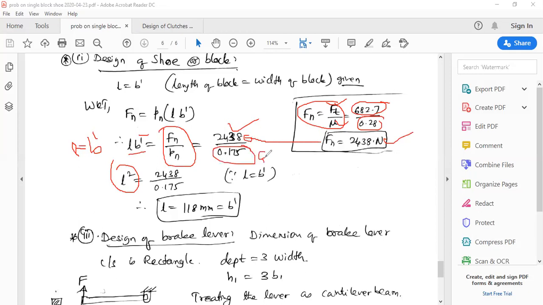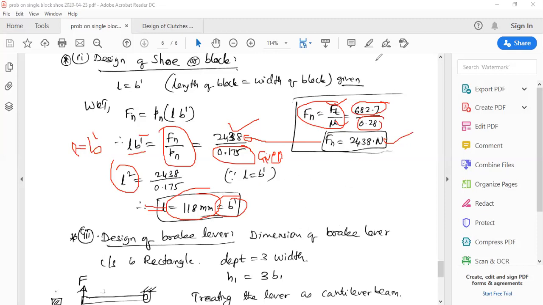By using these, we can get the value of L as 118 mm, which is equal to L. This is also equal to B dash, as it is given. So this is the calculation of the dimensions of the block or shoe.